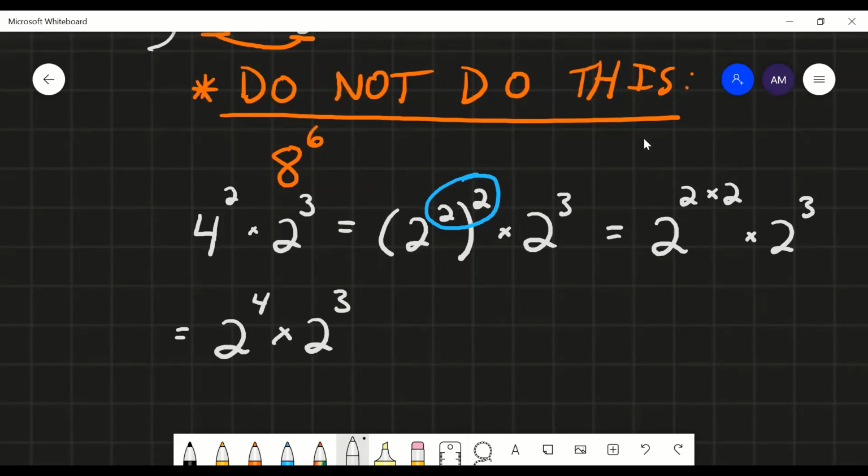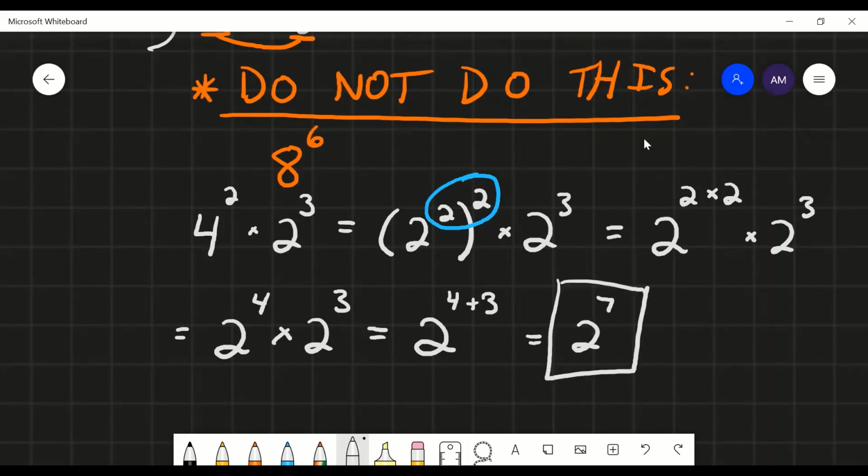And if you recall in our first example, when you have the same base and they're multiplied and you have exponents on each of the bases, all you have to do is copy the same base and add the exponents. 2 to the power of 7. So this would be the correct answer. This answer is wrong. This one is right.